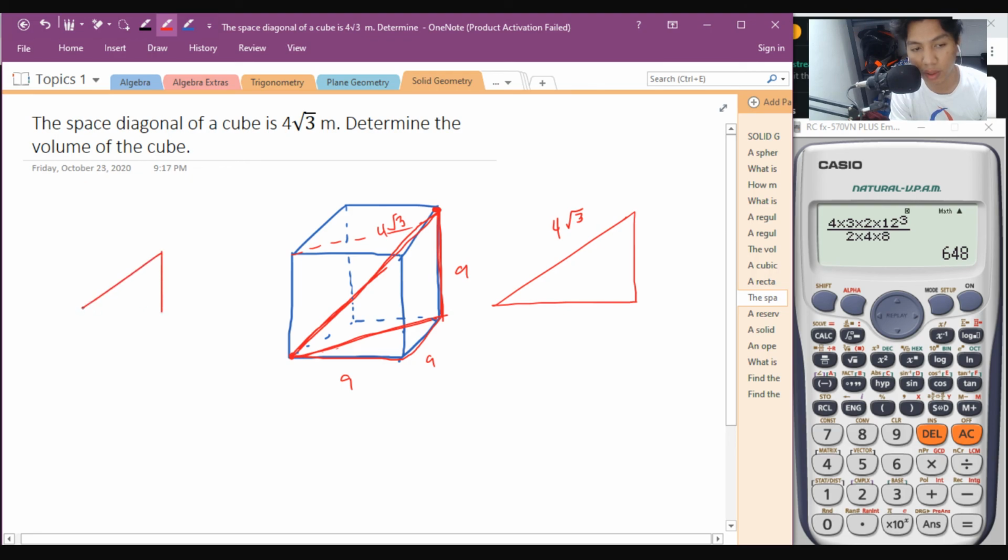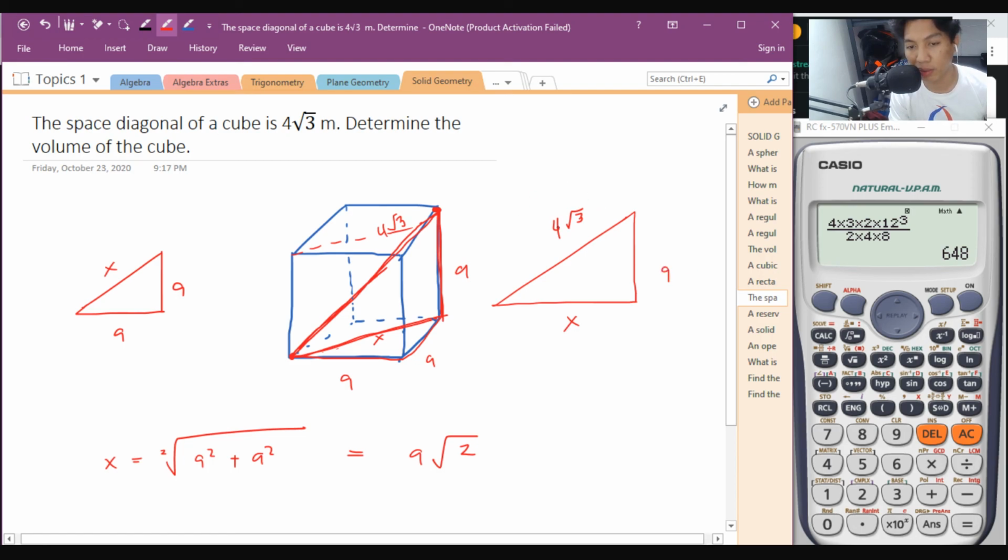Meron ka ditong elements na A, A. Ano ito? By Pythagorean theorem, para makuha mo itong side na ito, pagpalagay natin, this is x. X is equal to square root ng a squared plus a squared. Ibig sabihin, this is equal to a square root of 2. Yan yung value ng x mo. Okay, this is x. This is a.